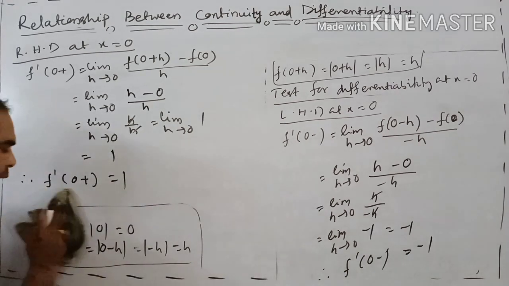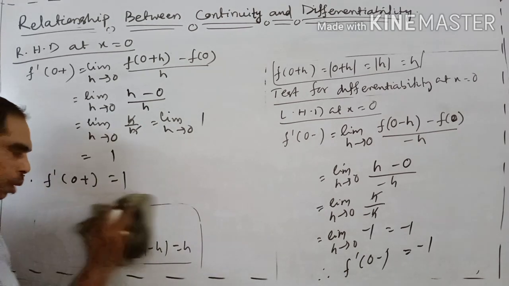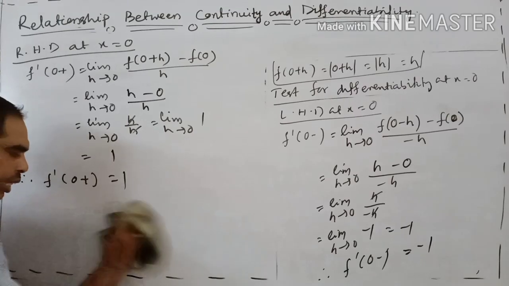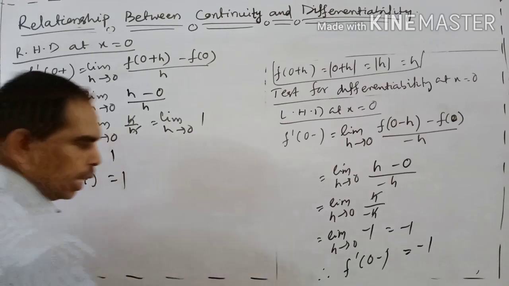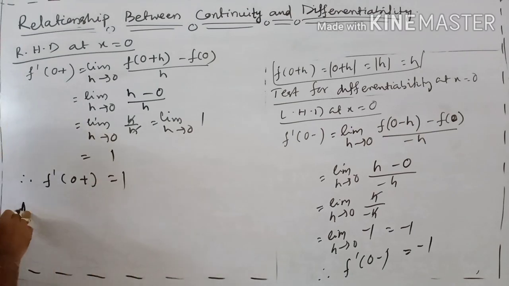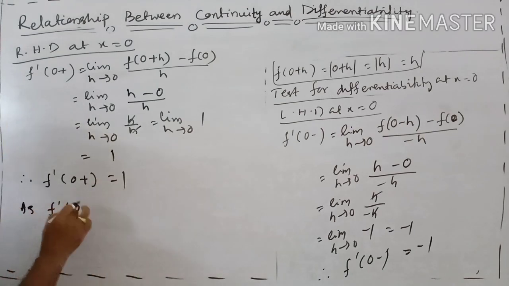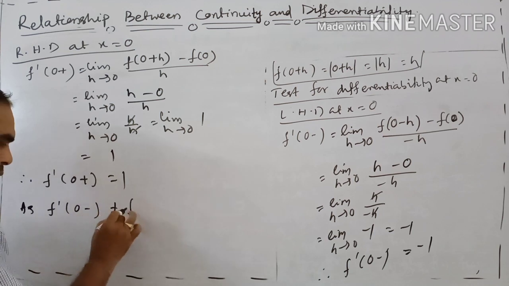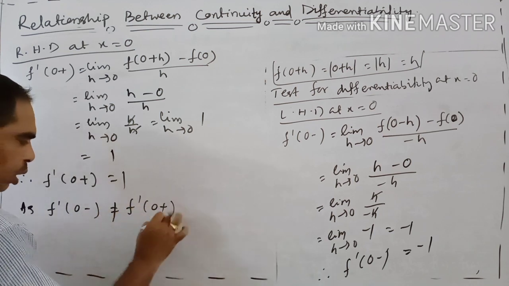Left hand limit exists, right hand limit exists, but they are not equal, as f dash 0 minus is not equal to f dash 0 plus.